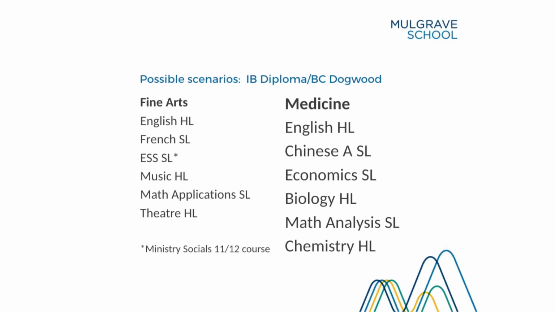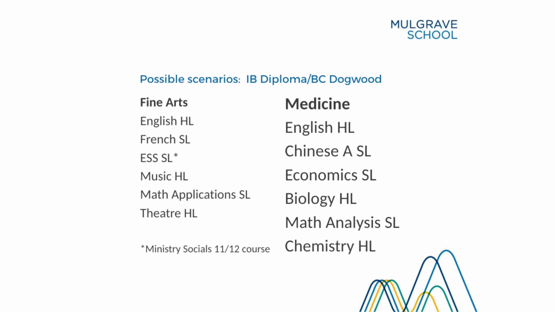If a student is looking at going into the fine arts, a student might decide to take 2 Group 6s, so 2 art subjects. This particular student chose to do music HL and theatre HL. To be able to do that, they needed to take the ESS, Environmental Systems and Societies, which covered both Group 3 and Group 4, so the science and the socials.